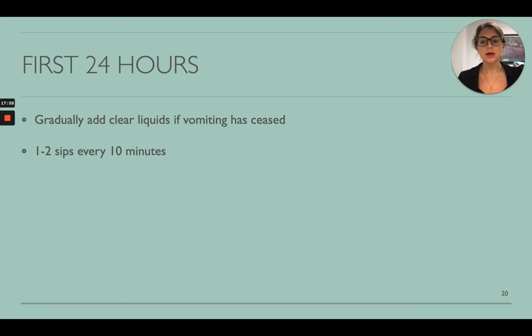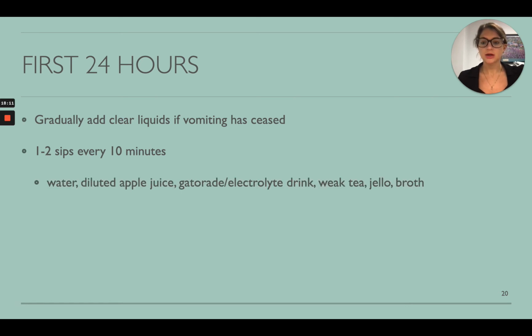Again, we don't want an individual drinking a whole lot or chugging these drinks, just a couple of sips every 10 minutes to let the stomach see how it tolerates any liquids going in. So again, water, diluted apple juice, Gatorade, electrolyte drinks, weak tea, jello, or broth.